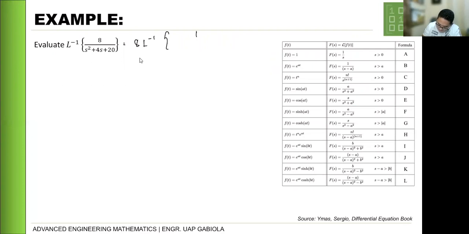So, 1 over s squared plus 4s. So, if we have s squared plus 4s, to have a perfect square doon, kailangan mo ng value na pwedeng i-add dito para maging perfect square. Kung si 4s, no, yung ating middle term sa binomial natin, sa square of binomial natin, we can get yung additional niya as b squared over 4.